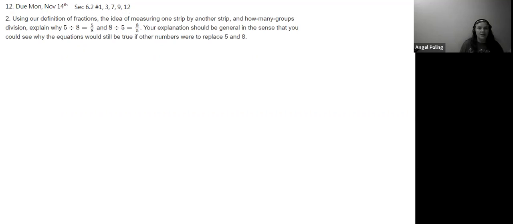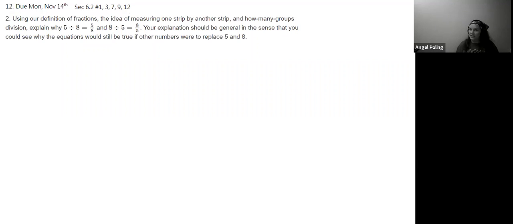All right, so using our definition of fractions, the idea of measuring one strip by another strip and how many groups division, explain why 5 divided by 8 is 5/8 and 8 divided by 5 is 8/5.